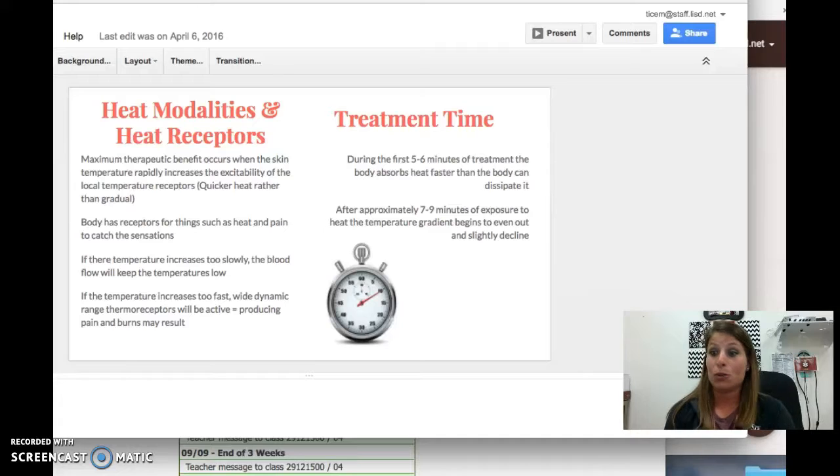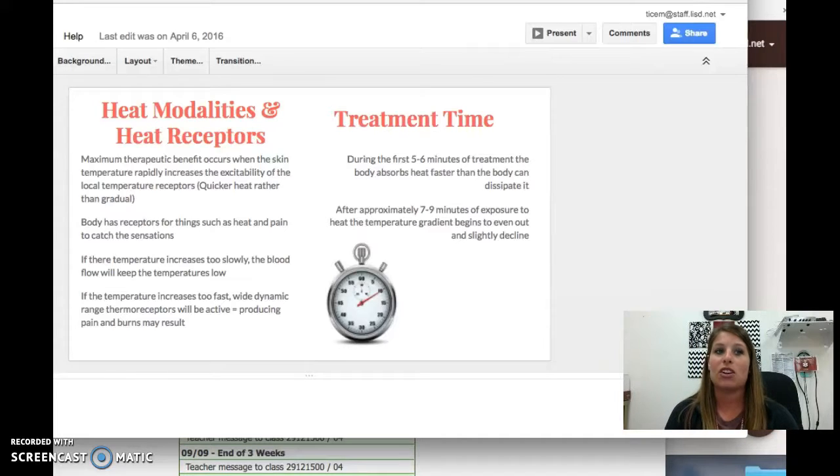On the other hand, if you are the jumper, the cannonball, and you just jump in, your body goes from normal to increased temperature in no time. So this is saying in order to have the maximum benefit, it needs to be the quicker heat rather than the slowly warming up, slowly getting there.